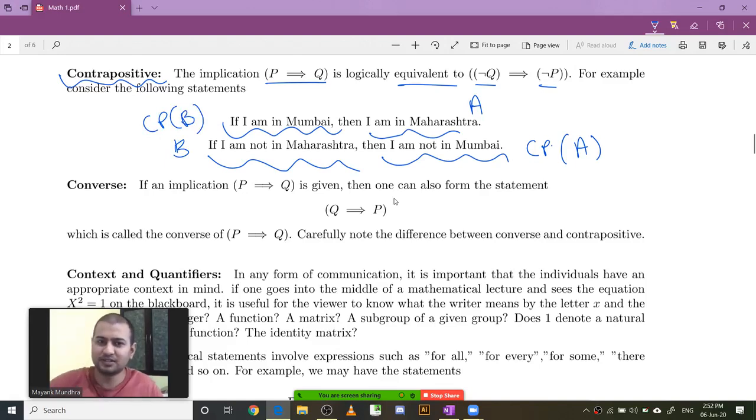Okay. Because you can call anything the original statement. There is no starting point that this statement is the original statement. So somebody can say that this is my original statement, this is the contrapositive, and that is also okay with me.